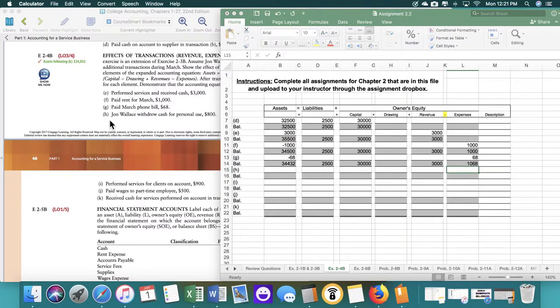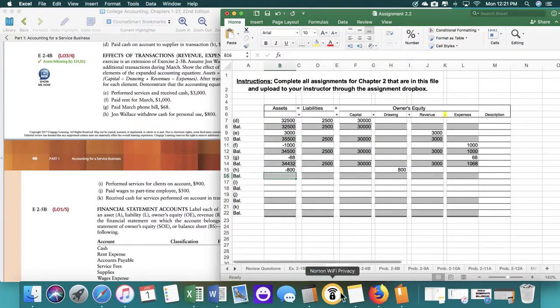Here on letter H, the owner, John Wallace, withdrew cash of $800. So here we have to subtract the $800 because we have $800 less in the account. And since the owner took money out, it's going to the drawing account, so we're going to put $800 in that account.